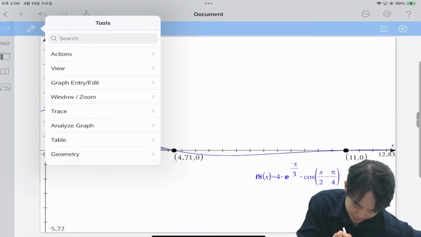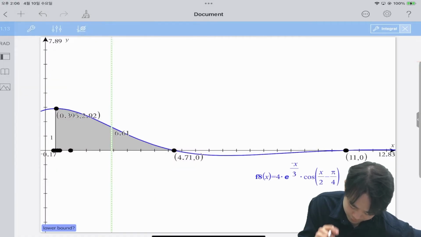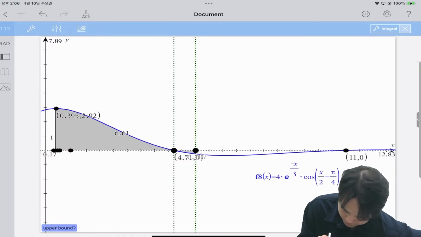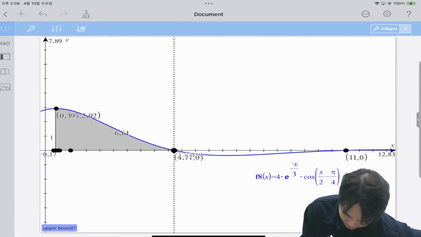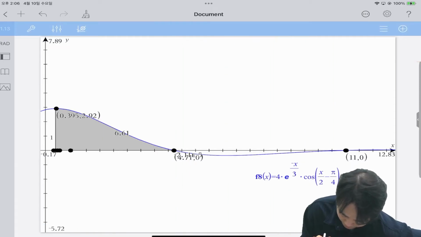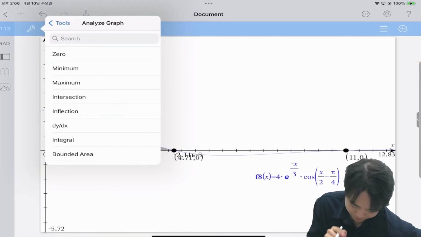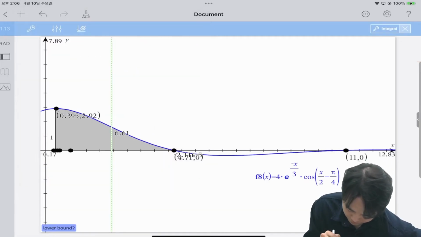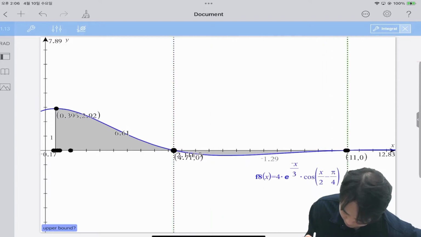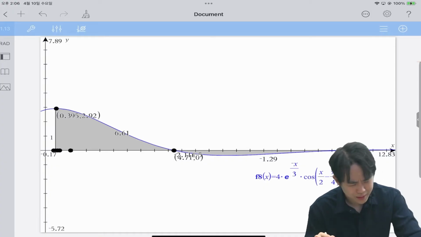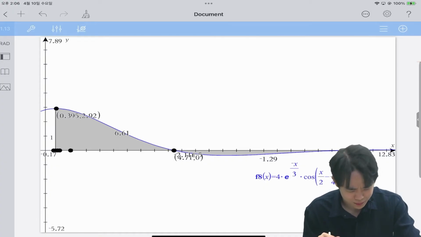Then for the second set, I'm going to do area from 4.71 to somewhere around 11. So that's like 1.29. So I'm going to do 6.6 plus 1.29 here.